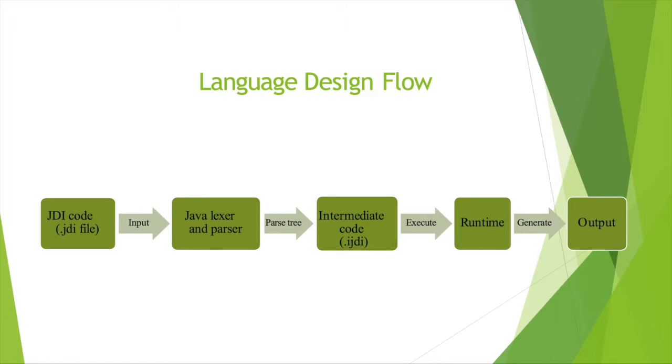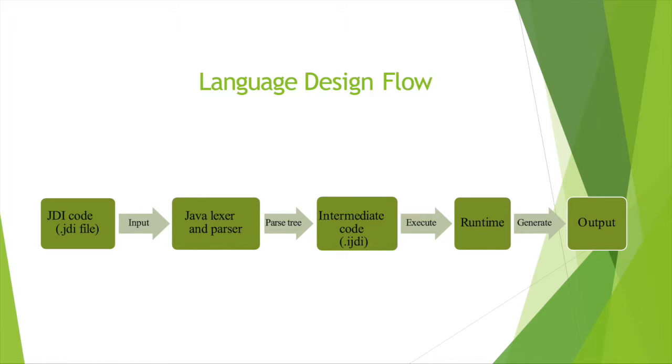The basic language design flow is that when a JDI code has been created, it is passed to the compiler, where the lexer tokenizes the code and creates tokens. These tokens are passed to the parser, which creates a parse tree, and this parse tree is then converted into the intermediate code.